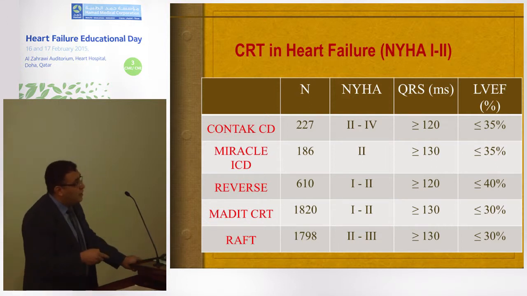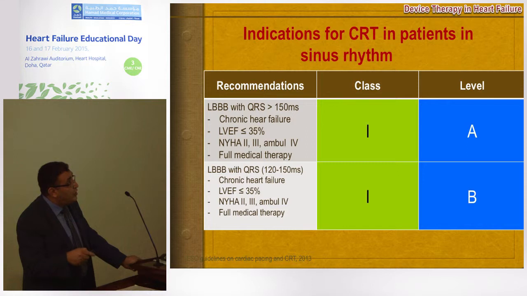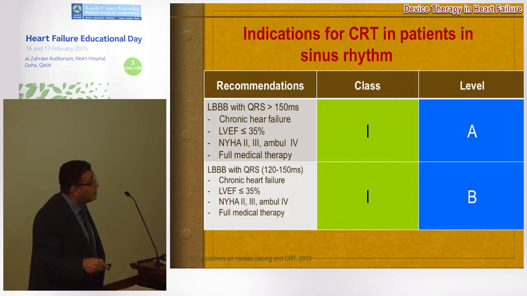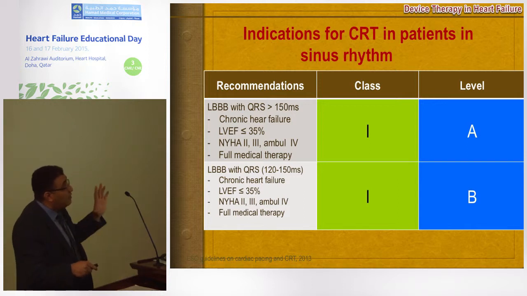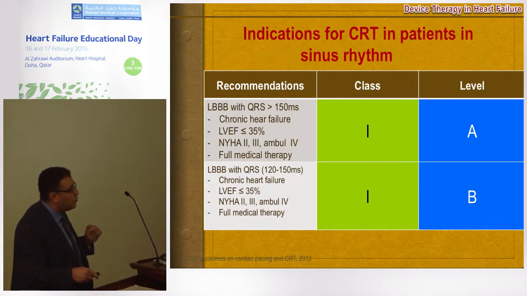CRT implantation. So this is from the European 2013 guidelines, indications for CRT in patients in sinus rhythm. Class 1: they should have left bundle branch block with a QRS of more than or equal to 150 milliseconds, or 120 to 150, which is still class 1.